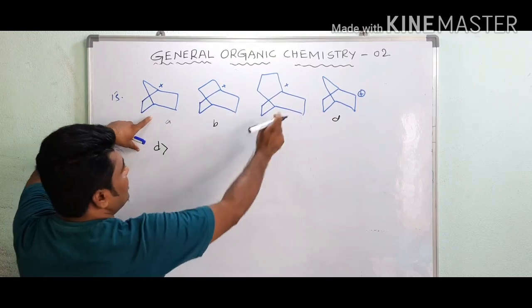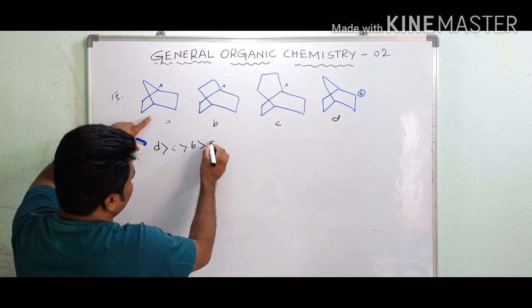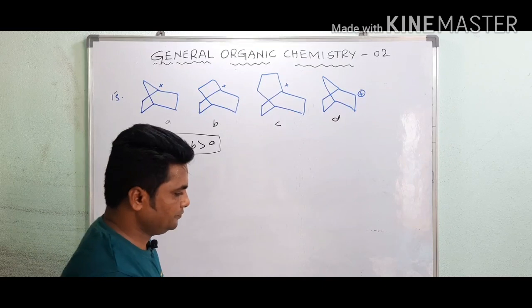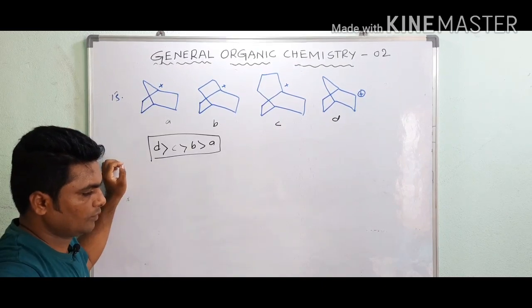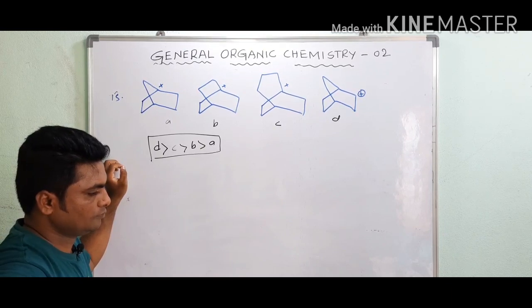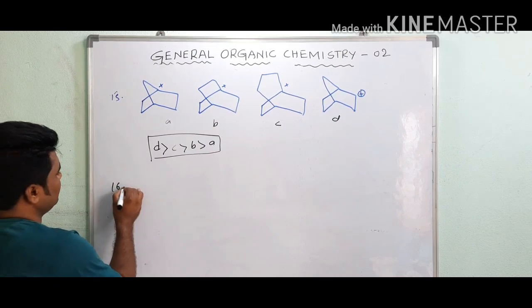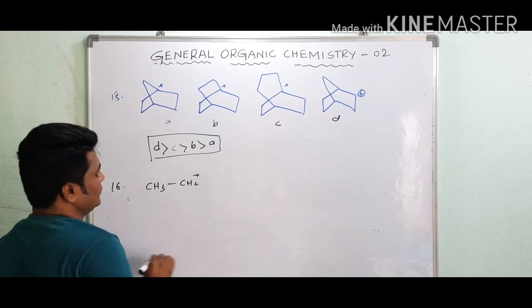Now which one is more stable? Now the ring size is bigger: C, then B, then A. So these are based on Bredt's rule. Write down. Now one more, the last one, question 16: CH3CH2 plus.